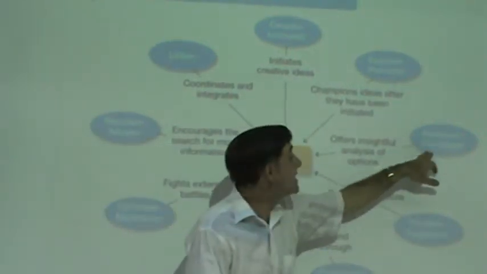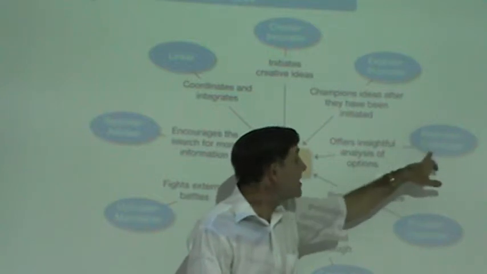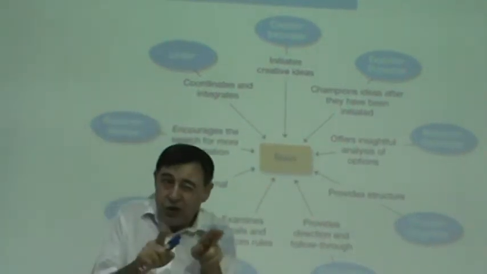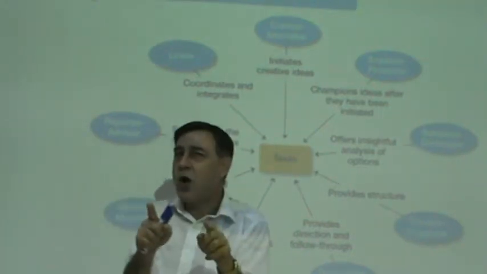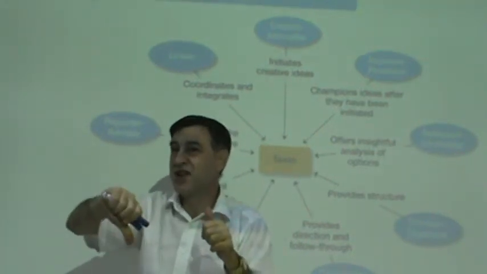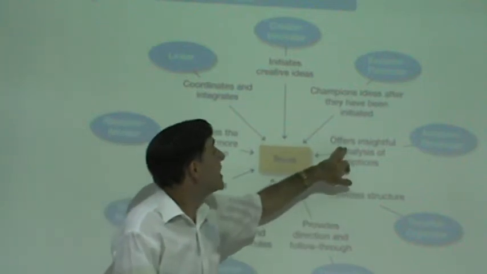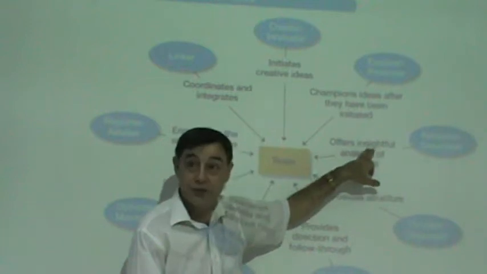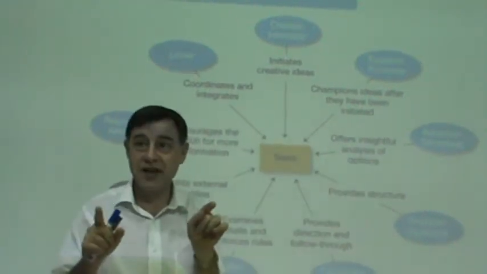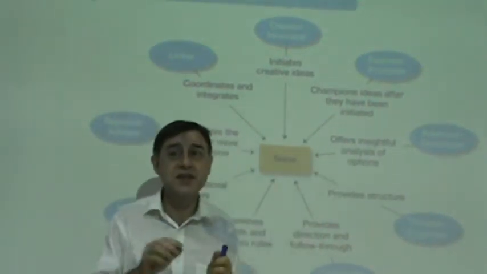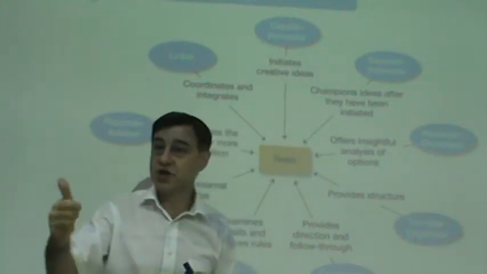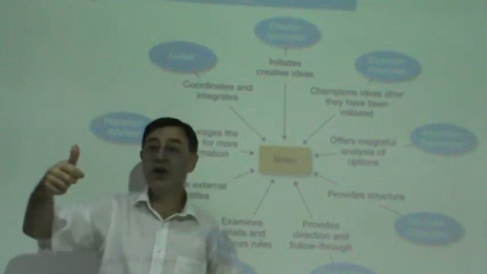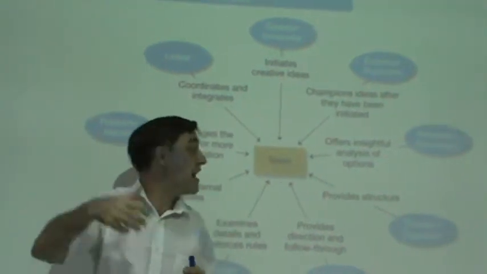Then you got here the assessor and developer. This one needs critical thinking. You need to be critical to say, when you see 2 things, oh yeah, this is good and no, this is not good. So he offers insightful analysis. When we say insightful, I mean critical analysis. And critical means you try to tell what's good and what's not good, or which of these good ones is better, or which of these is the best.